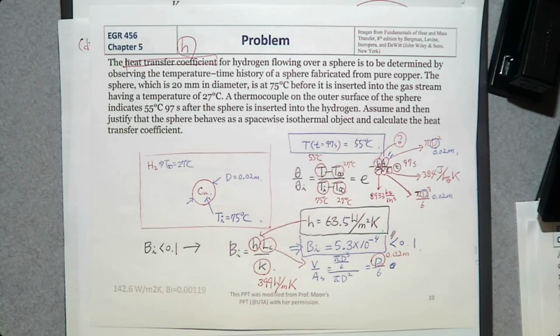But please make sure that when there's a transient conduction problem, no matter what, if it is lumped system or approximate solution, you always need to show this Biot number, and show me that the method that you are using is okay because of this Biot number.